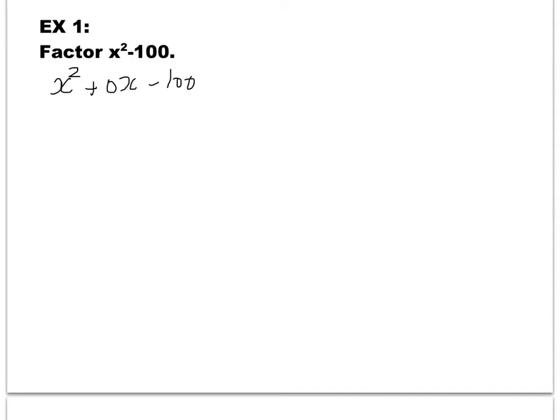Second of all, the leading coefficient a here is 1, so I can use the sum and product method. I have to find two numbers that multiply to negative 100 and add up to 0. The only two numbers that I can find are 10 and negative 10. If you multiply 10 by negative 10, you get negative 100. If you add them up, you get 0.